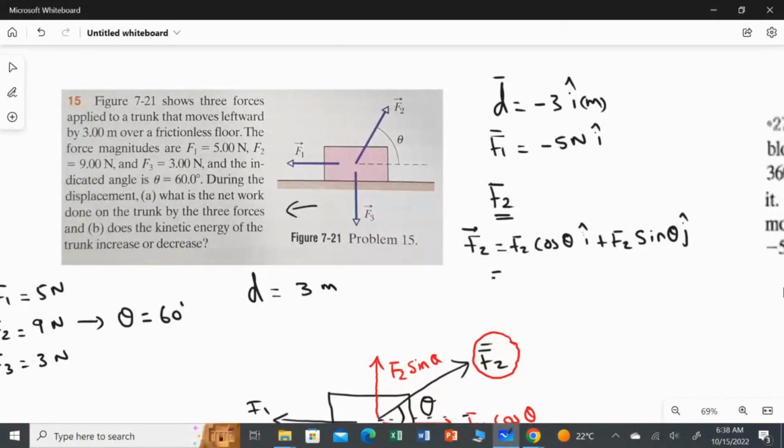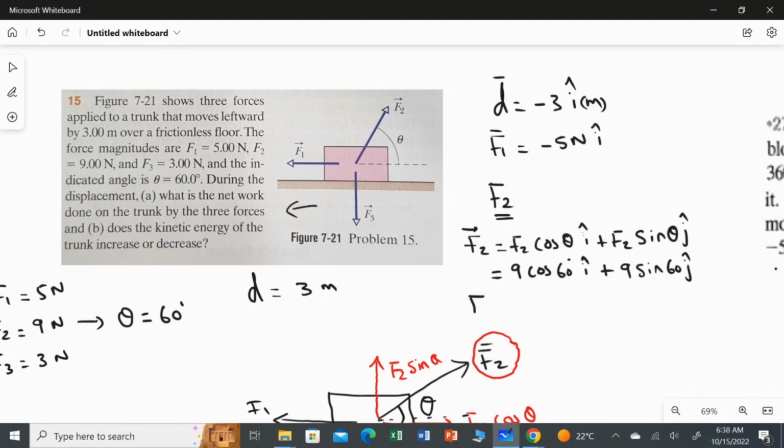If you substitute the value, what do you get? The F2 value here is mentioned as 9 Newton. So 9 cosine of 60 degrees i cap plus 9 sine 60 degrees j cap. By that you will get the answer in vector form.